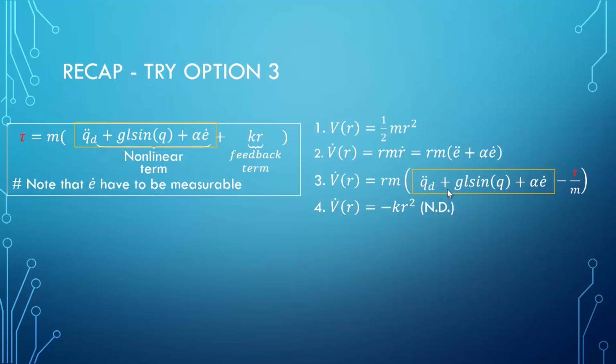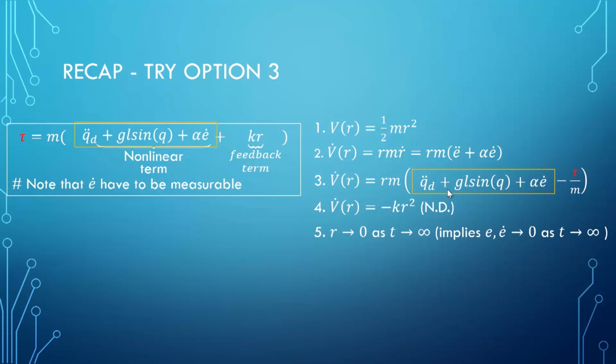After you design this controller, you substitute it in here, regroup and cancel out some terms, and you get V dot to be ND. So everything is great. V is PD, V dot is ND. You get global asymptotic stability, or global asymptotic tracking, because it's a tracking problem.